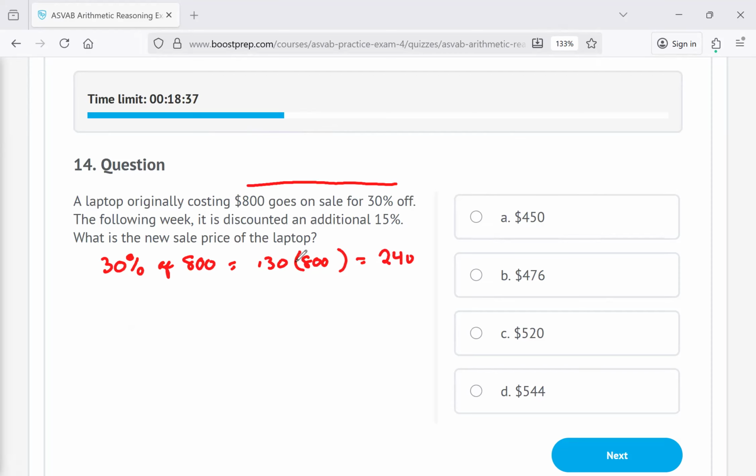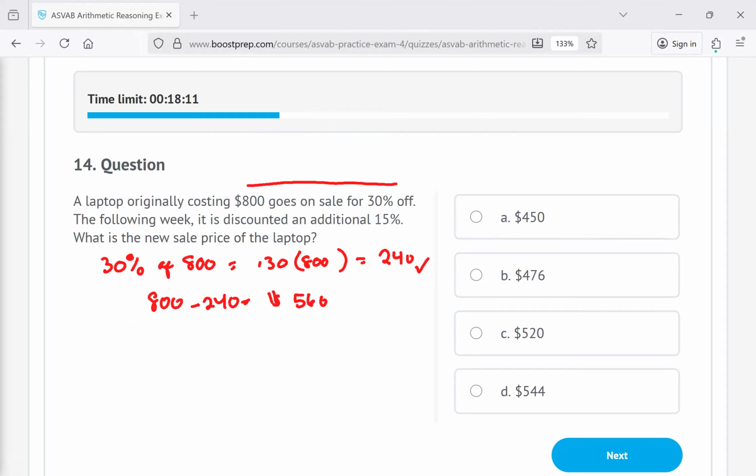You can do this without a calculator, right? So that's how much you get cut off, how much 30% off. You subtract 240. So it's 800 minus 240, which is 560. So this is the cost after the 30% off.